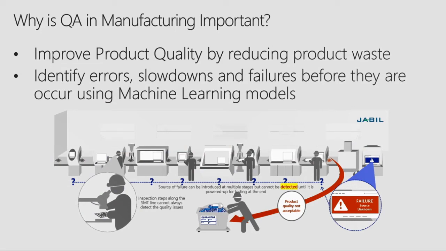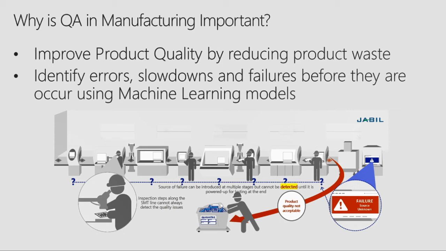So it says, why is quality assurance in manufacturing important? The whole idea here is, when you're doing manufacturing, if there's a quality problem, probably the best example I was involved with was a large French fry manufacturer in the Boise area, who looked at doing quality assurance for manufacturing on their line that created French fries for McDonald's, as an example.